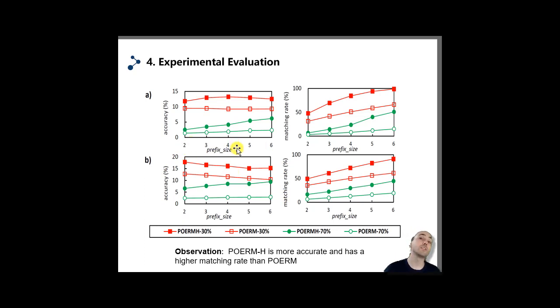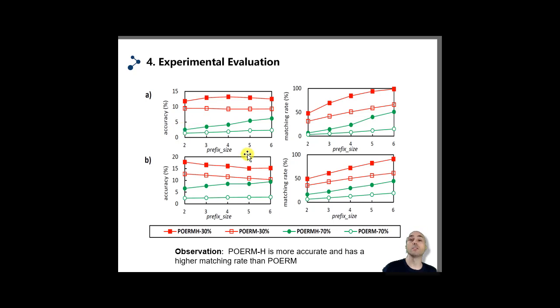Prefix size means how many events we look at to predict what happened after. So here what we can see, our new rules achieve better prediction than the rules we had before.